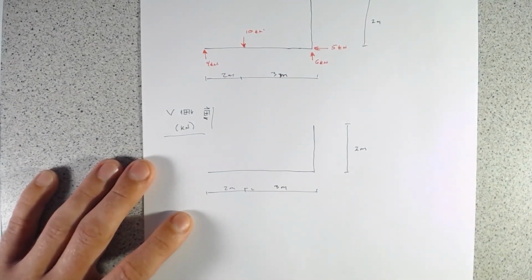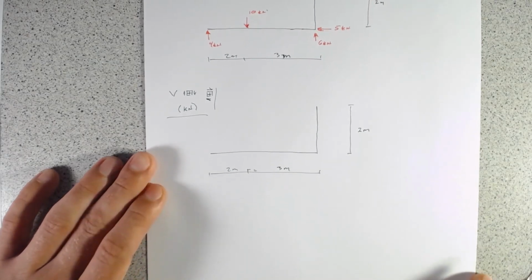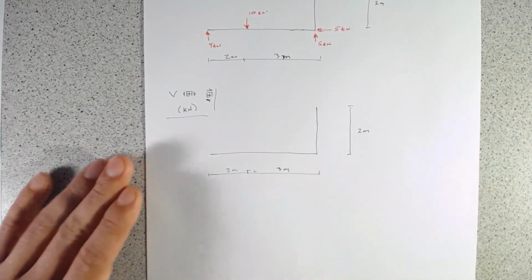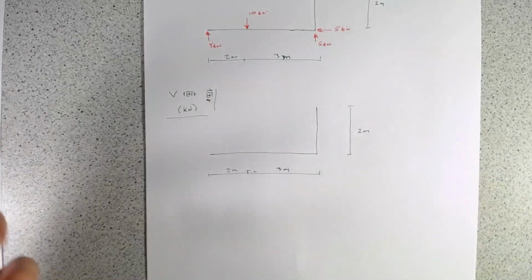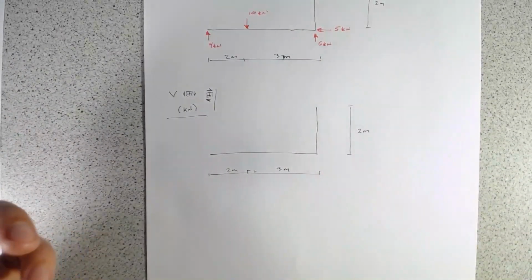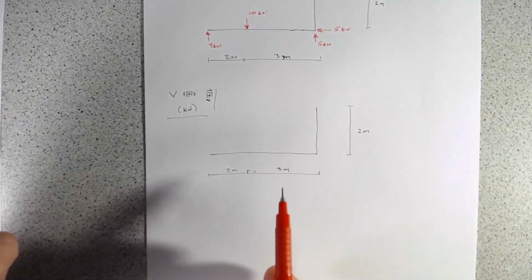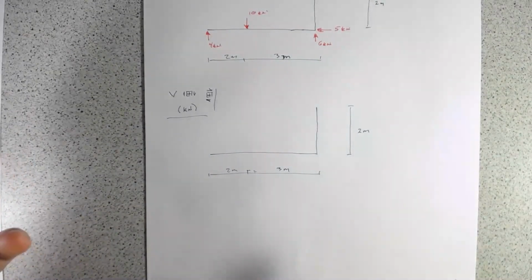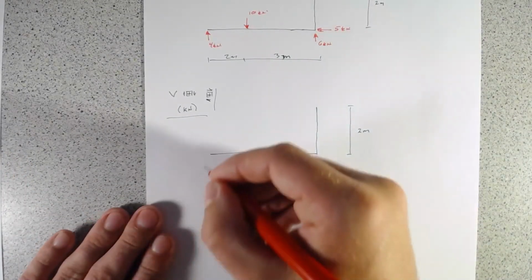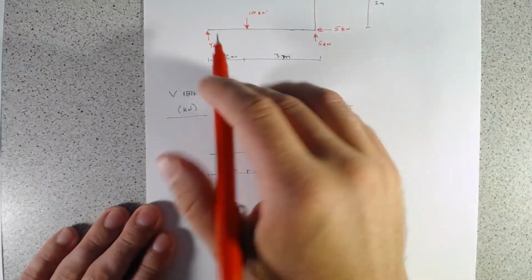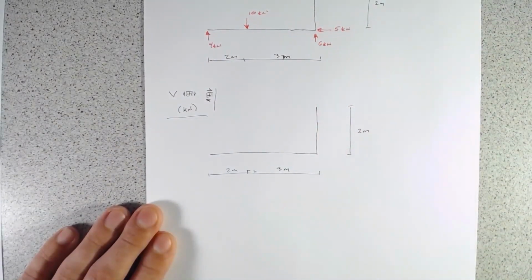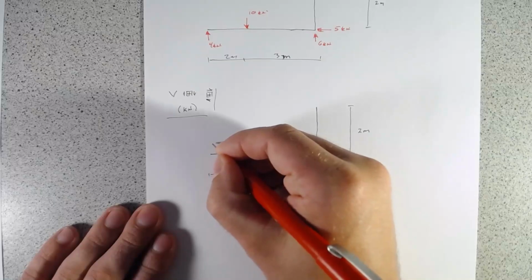So our shear, and we'll draw our shear force diagram in red just so that it stands out. Remember, if we're using our graph, we have two options. We can either take more free body diagrams and generate an equation, or we can use the graphical rules we've learned on how to draw shear force diagrams. So we'll use the graphical rules.